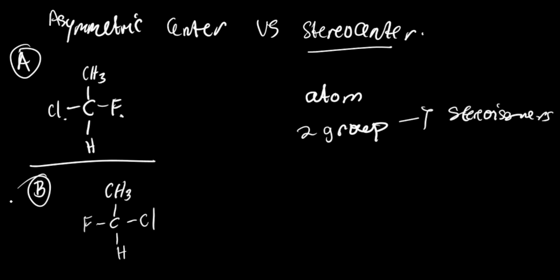So the carbon in this molecule is both an asymmetric center, in that it's attached to 4 different groups, and a stereocenter, in that when 2 groups attached to the carbon are interchanged, it gives us another stereoisomer.